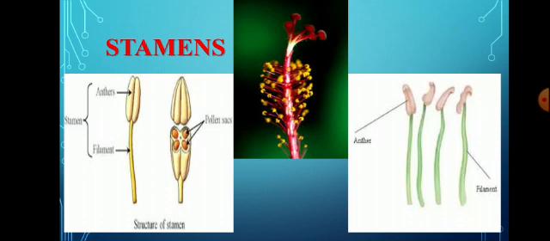A stamen consists of two parts. One is the anther, the second one is the filament. The anther is the swollen tip of each stamen that encloses a small powdery substance called pollen grains. In some plants, if you touch the top, you see some yellowish powder.